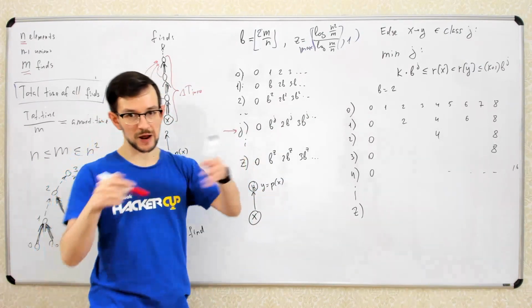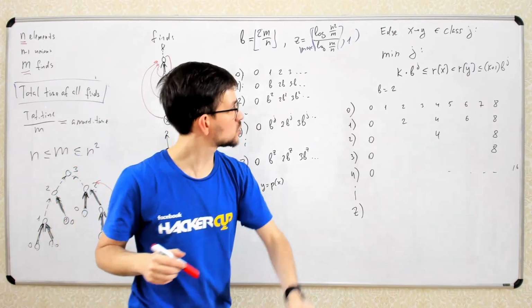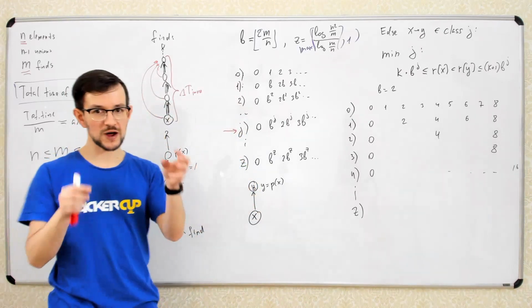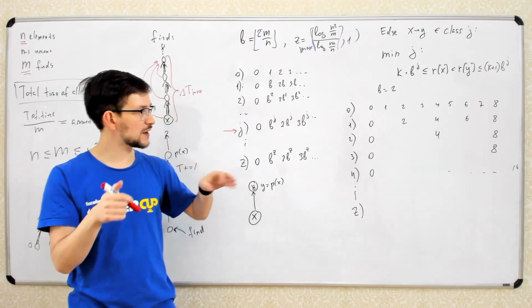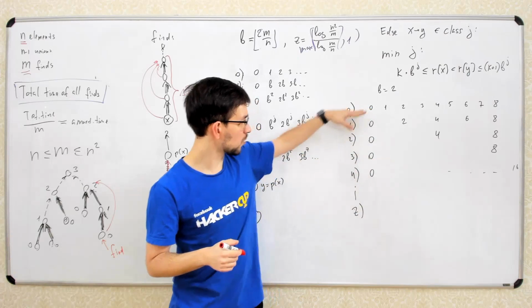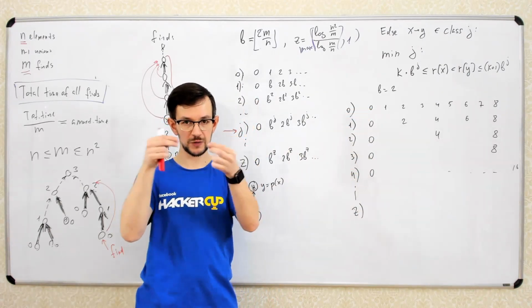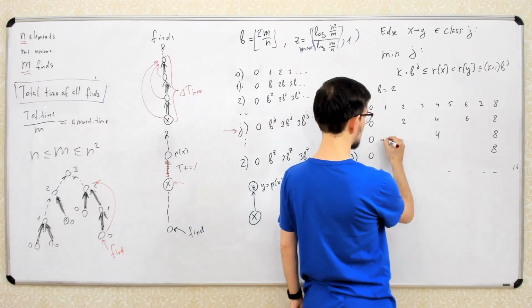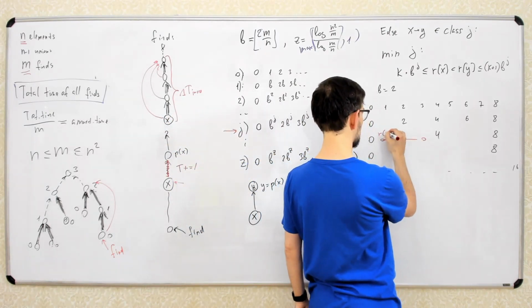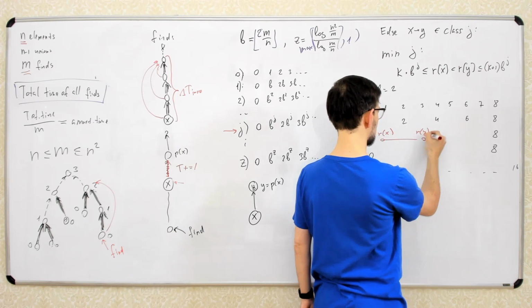So it's something like that. And now you have some edge. This edge has two vertices. You find the ranks of these vertices and find the smallest number such that these two ranks can fit between. So this is rank of x. This is rank of y.